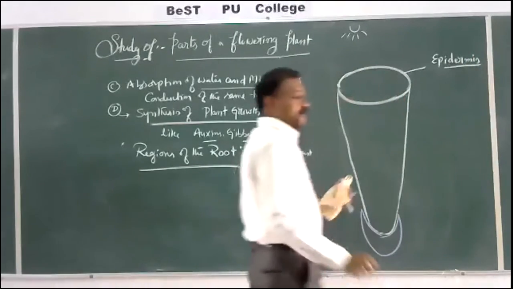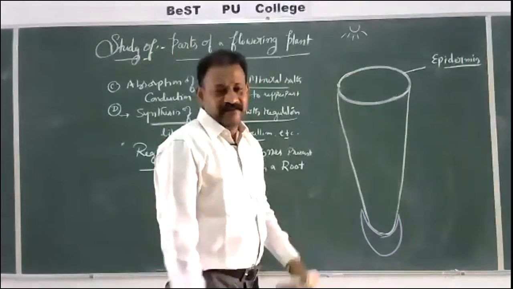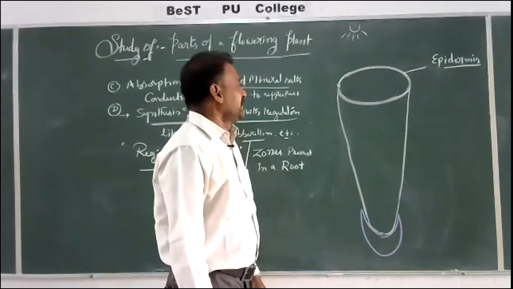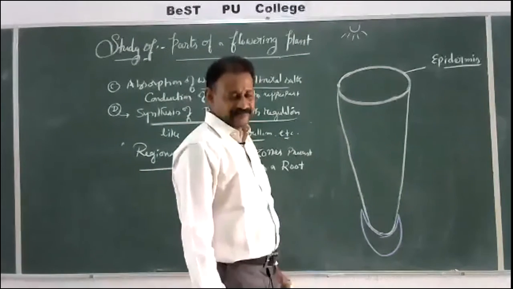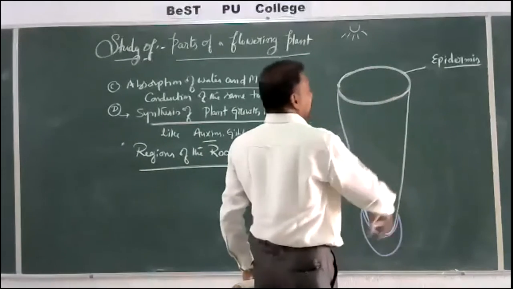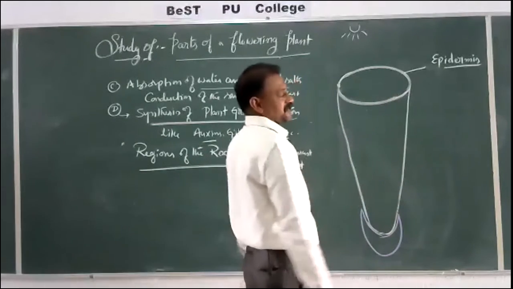Epi, upon, derma, skin. Upon the body, skin-like structure. It consists of so many cells, which cover and protect the inner structures.